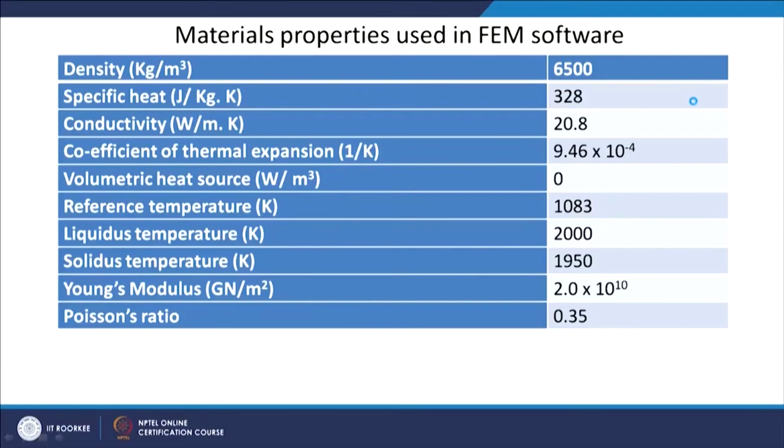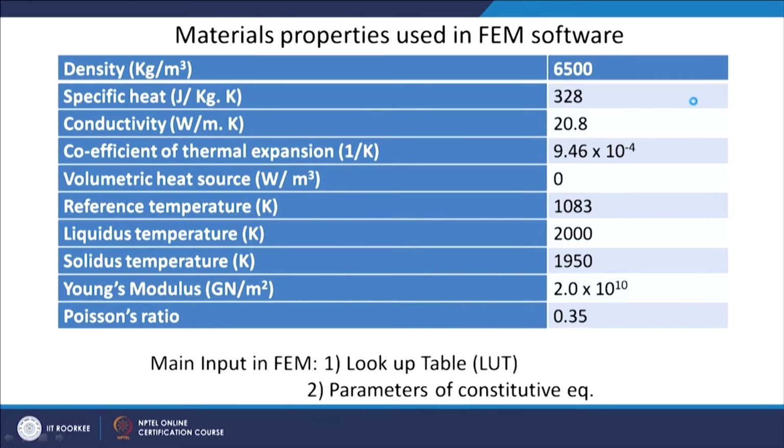And these are the properties used in the FEM software, that is, what material property you are giving to the FEM software, and of course, we are also using the constitutive equation, that is, how the material behaves during the deformation process.